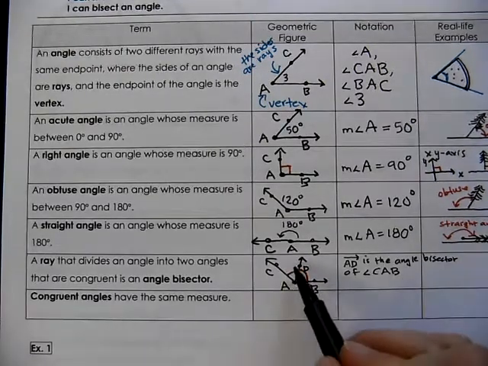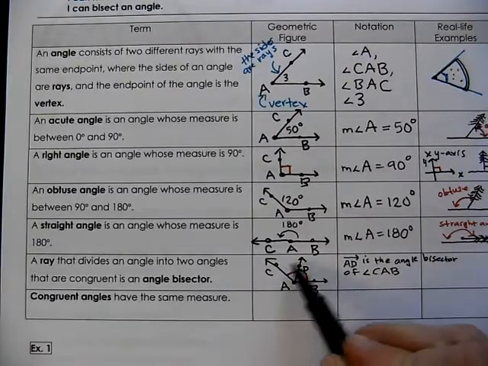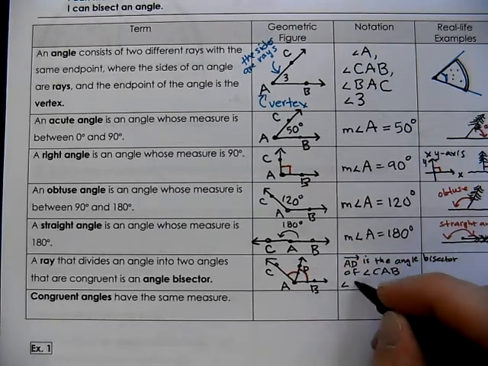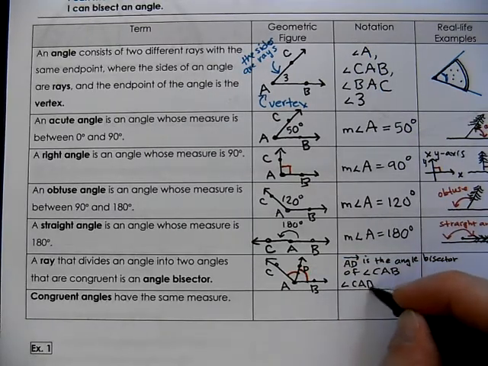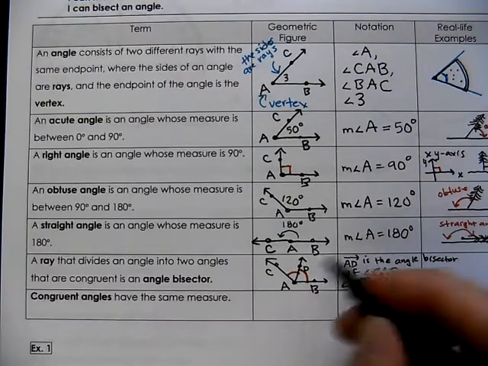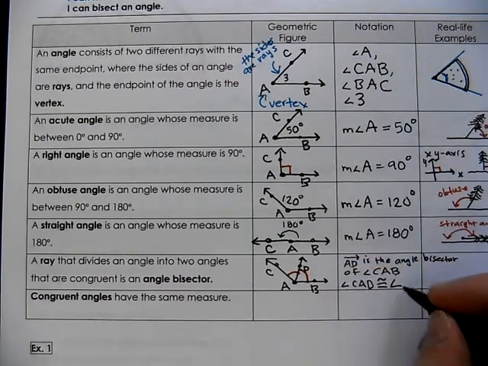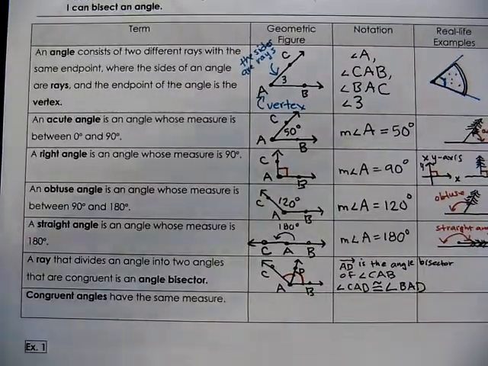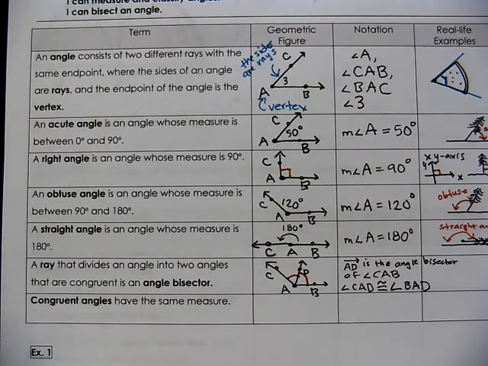What that means is we now have 2 smaller angles, but they are the same size to each other. They are congruent. So we would say angle CAD on the left is congruent with angle BAD on the right. Again, when naming angles, you can name those 3 letters forwards or backwards. It doesn't really matter.